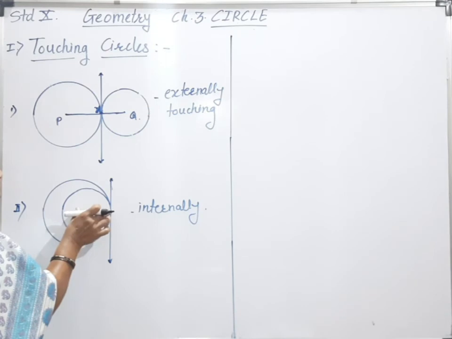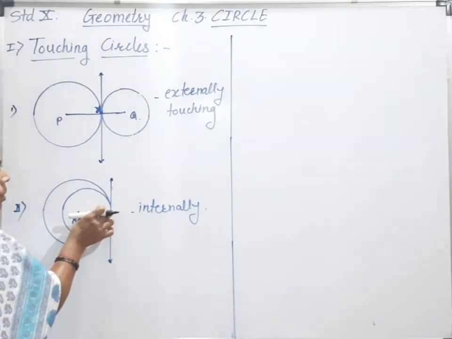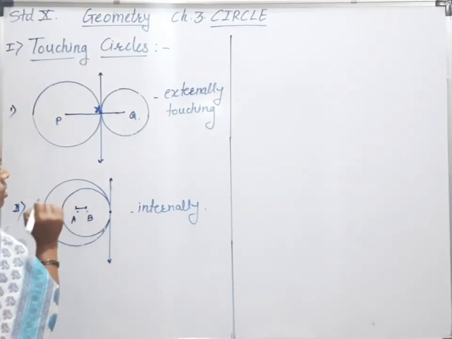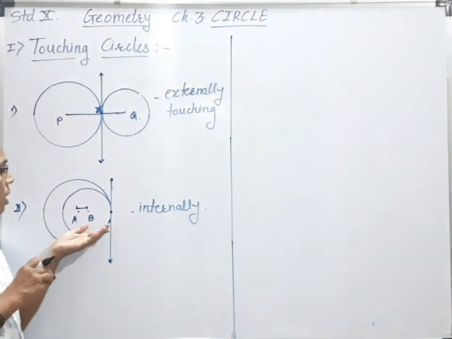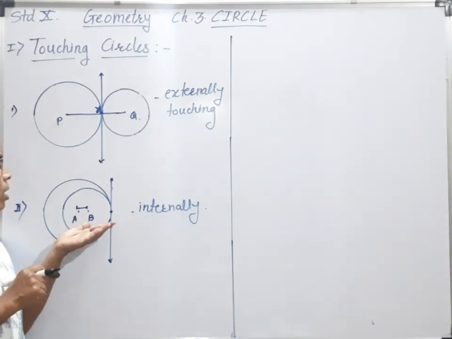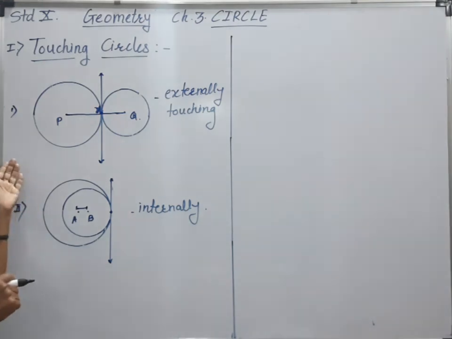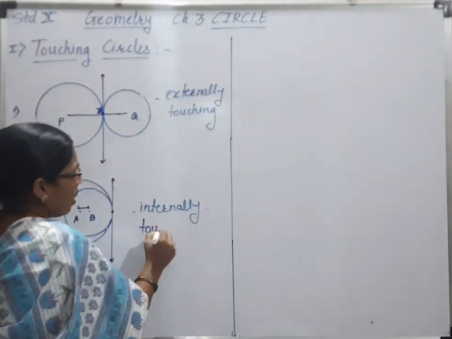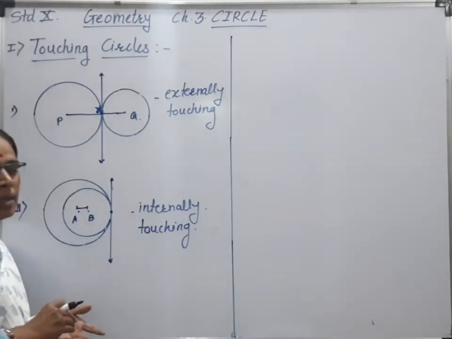So when we subtract this common distance, we get this distance only, which is the distance between the centers of these two circles. I hope you have understood about externally touching circles and internally touching circles, and how to find the distance between their centers.